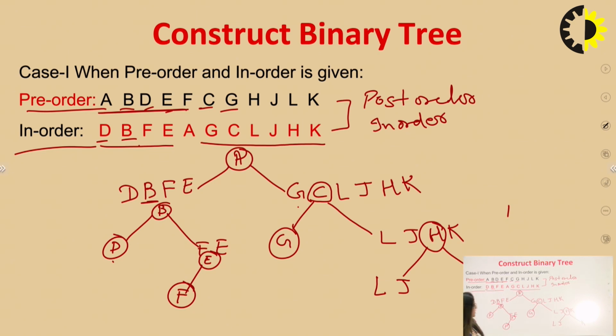Now comes to the next point. This one is what? L. The next one is L, which means L is working as a simple node. And now check where J's position is. Now according to this, in in-order, J and L, J has completed.